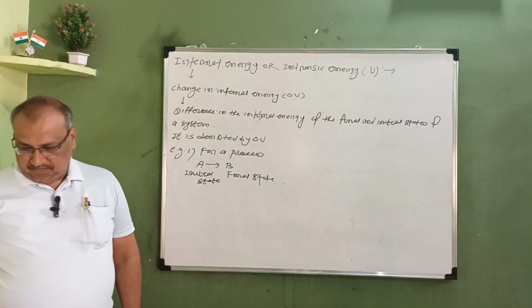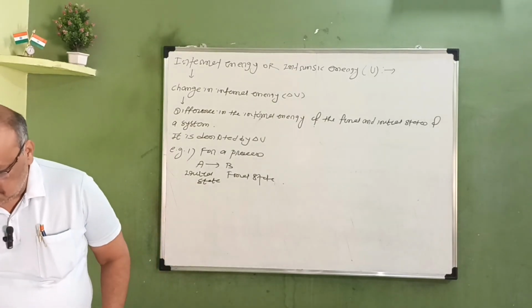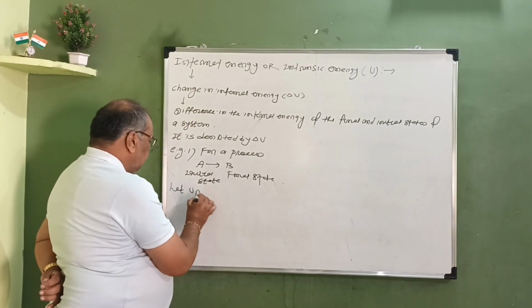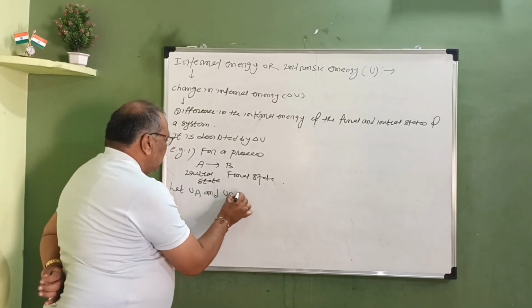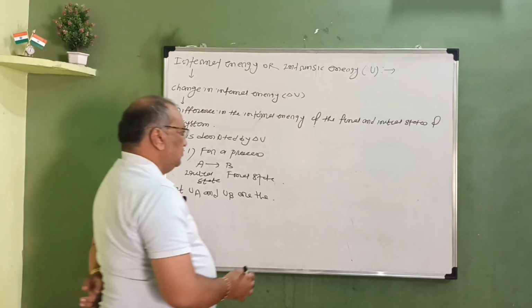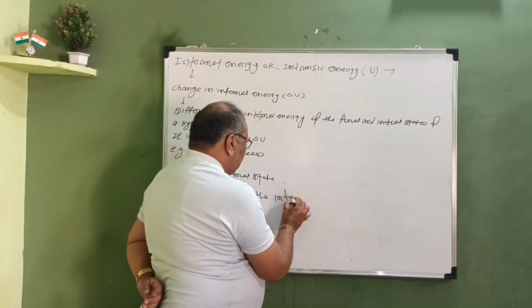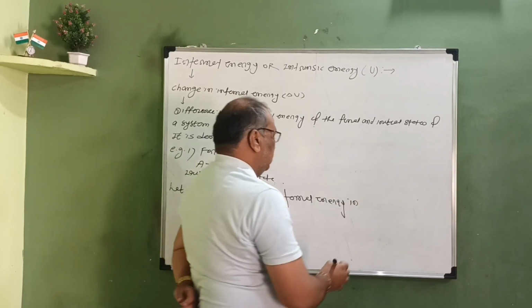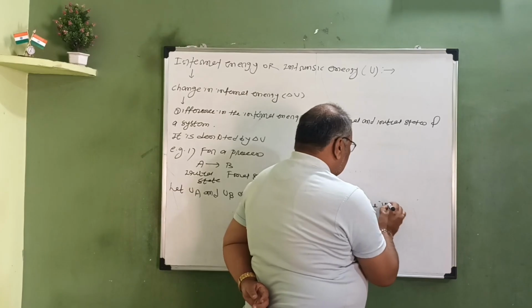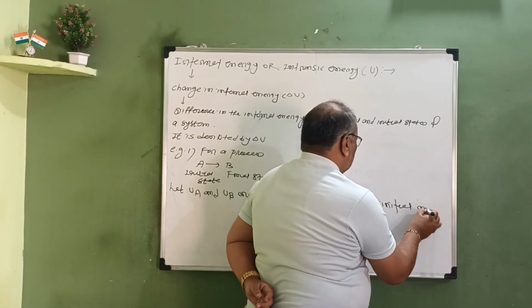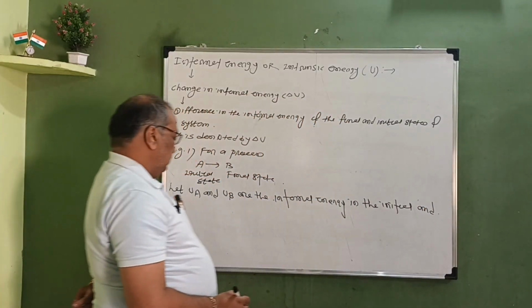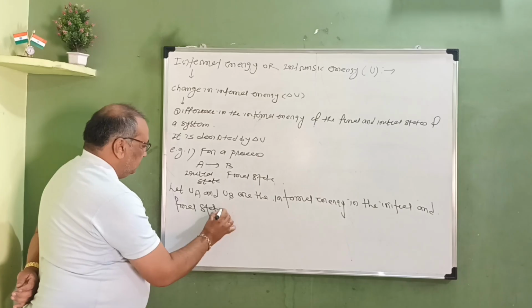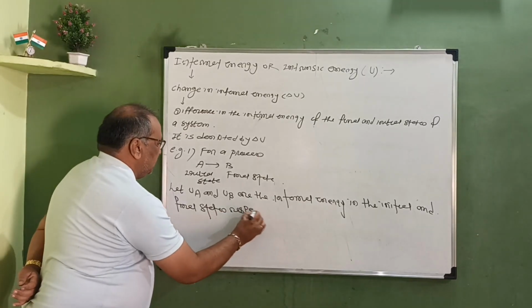That means here let UA and UB are the internal energy in the initial and final states respectively.